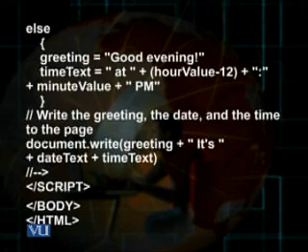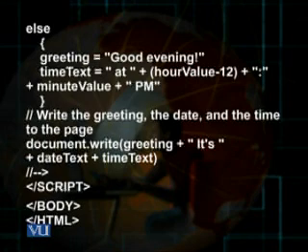Then the concatenation sign, then the word it's would appear, then plus sign, date text. The date text is my first variable which I had defined for getting the month value, day value, etc. The values filled in that date text variable would therefore be displayed.